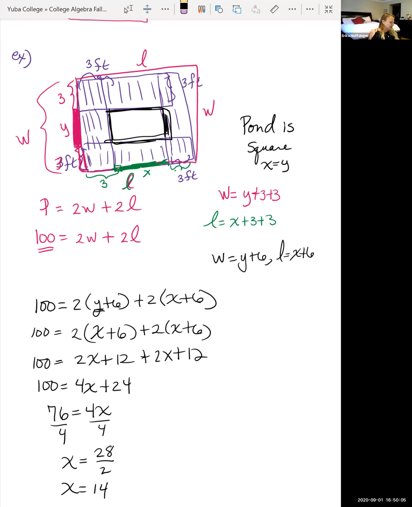And then we need to look at what dimension, and they were talking about things being in feet. If the pond is square, what are the dimensions?